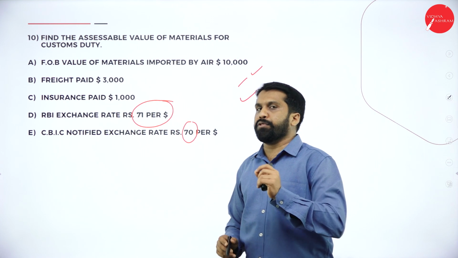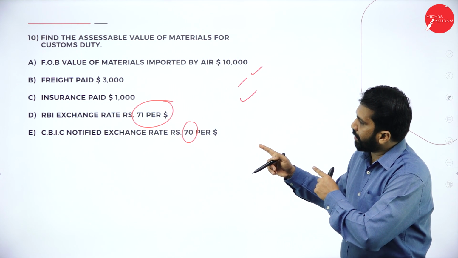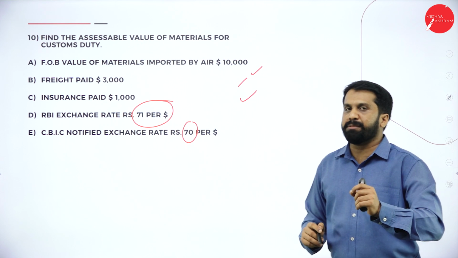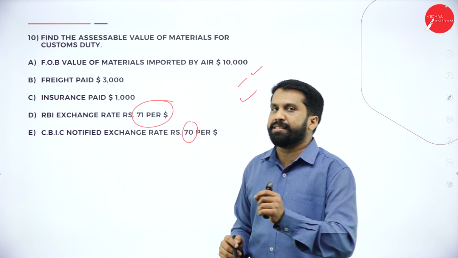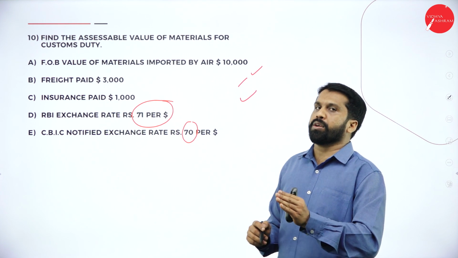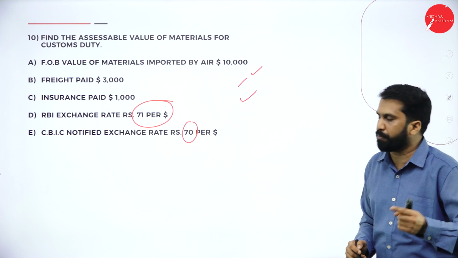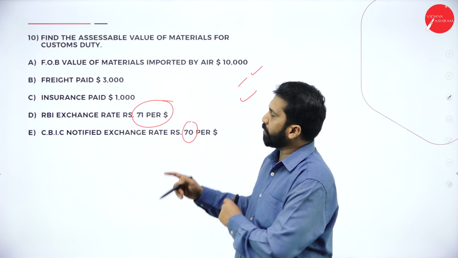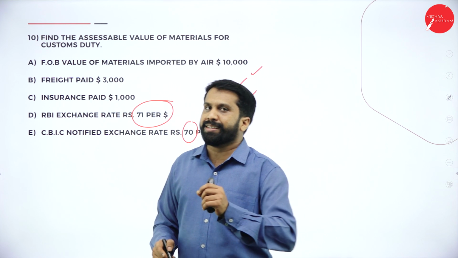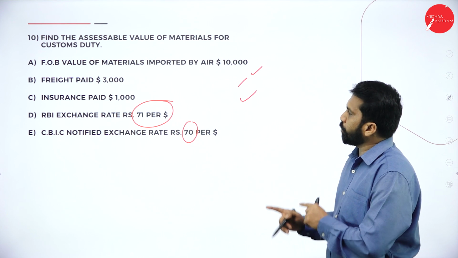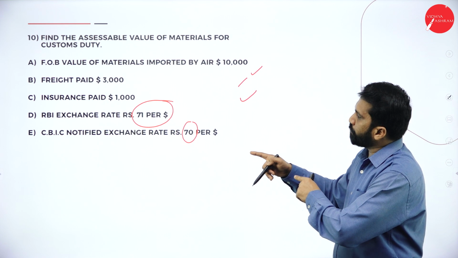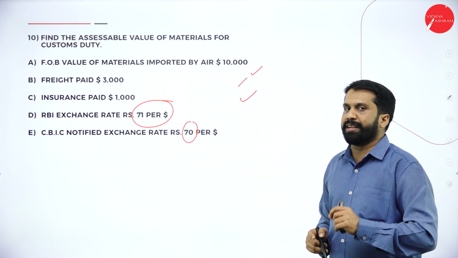Normally you get confused: sir, should we go for RBI or should we go for CBIC? What does CBIC stand for? Central Board of Indirect Taxes and Customs. Now, should we go for the RBI rate or the CBIC rate?